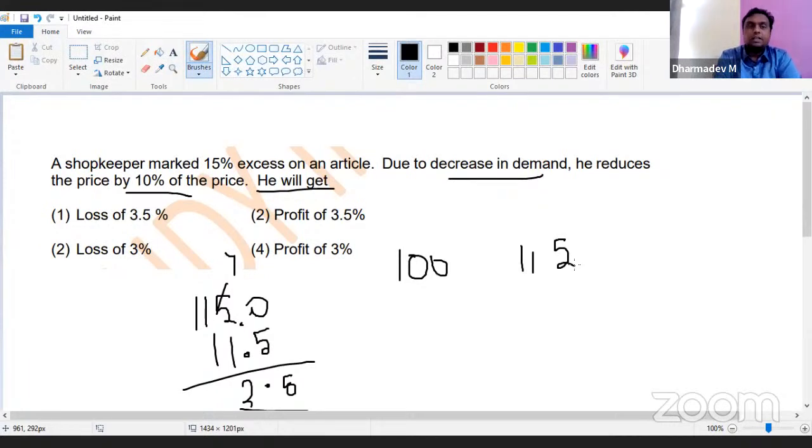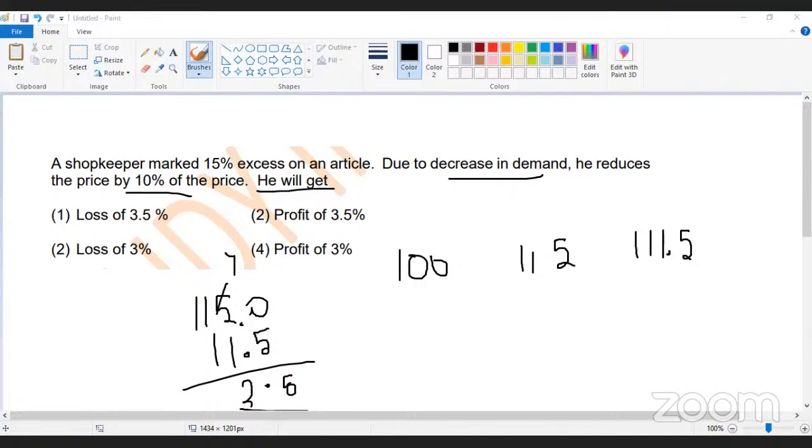So 115 minus 3.5, the new price would be 111.5. Is that correct? Yes, sir.